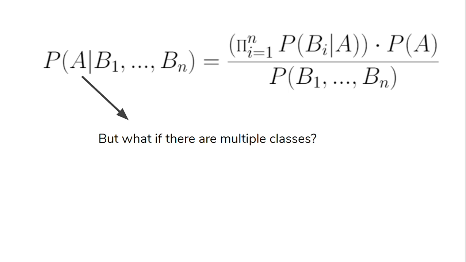Well, it's very simple. All we have to do is apply this function to all the classes and choose the classification with the highest probability, or take the argmax with respect to event A. So all that means is we have these three different classes, right?